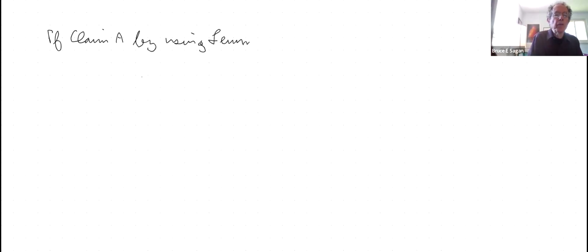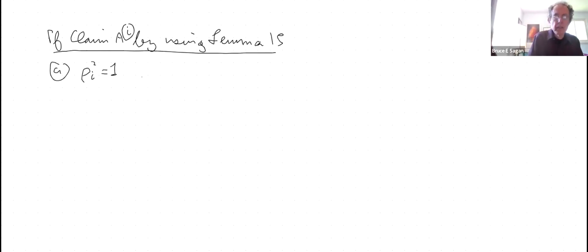So we're going to prove claim A by using this lemma that is from Bourbaki, right? I'm only going to prove A1; A2 is similar and is going to be on the homework. So what do we need to show? We first of all need to show that rho_i squared is the identity.